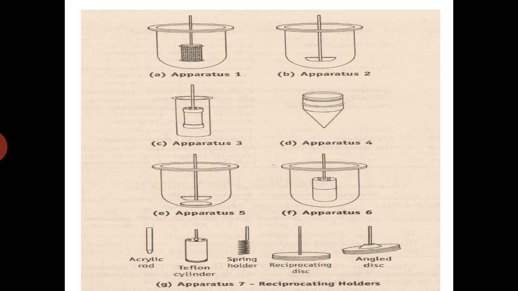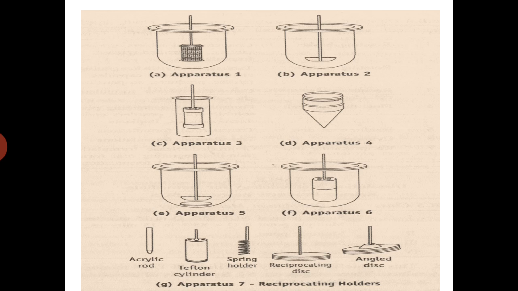Whereas in the case of the paddle, the dosage form is inserted into the dissolution jar where we are taking the dissolution fluid, and the paddle is rotated. So generally, dissolution studies of all types of dosage forms can be done using the type 2 paddle.